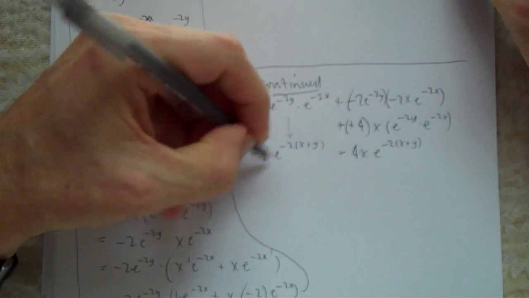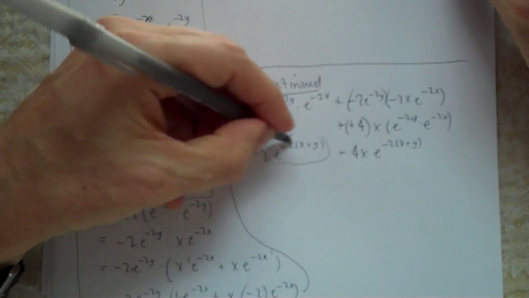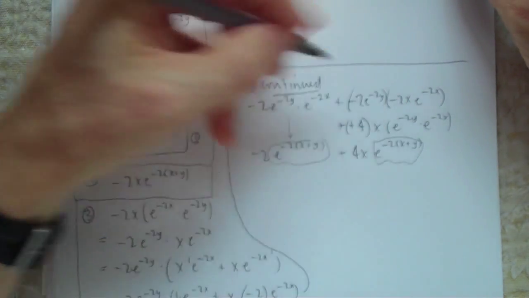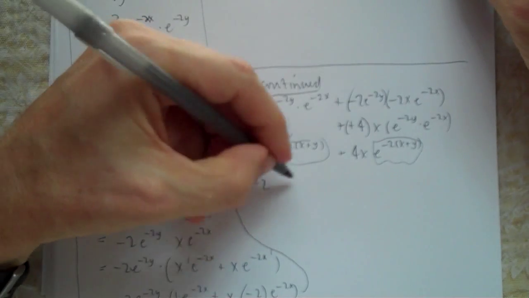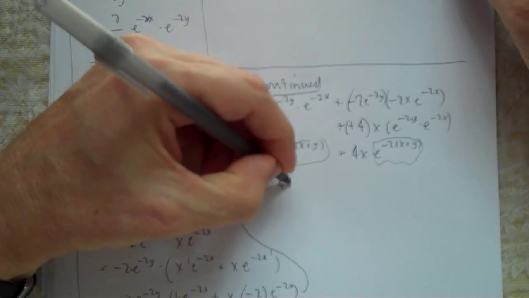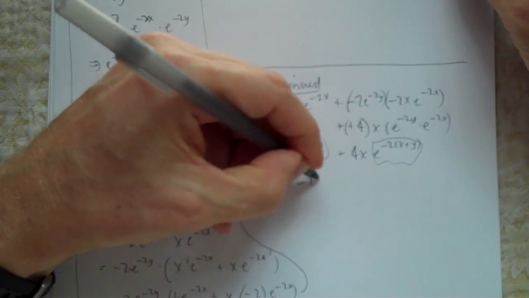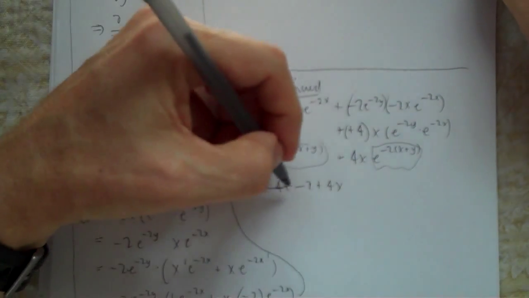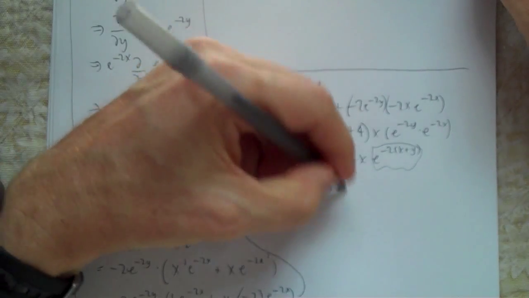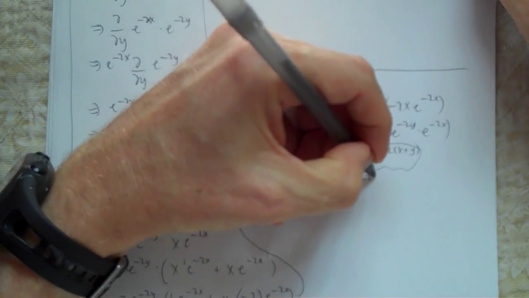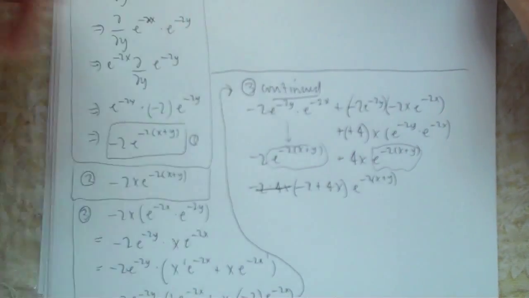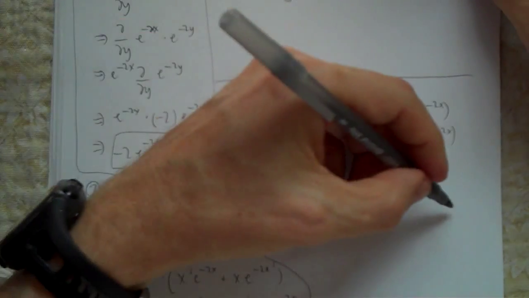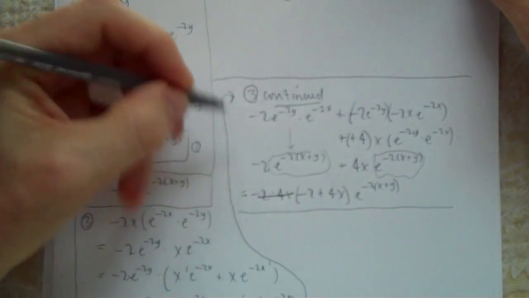So there it is here, and here it is here. So it looks like it's minus 2 plus 4x, right, times e to the minus 2x plus y. Okay, and that's step 3.